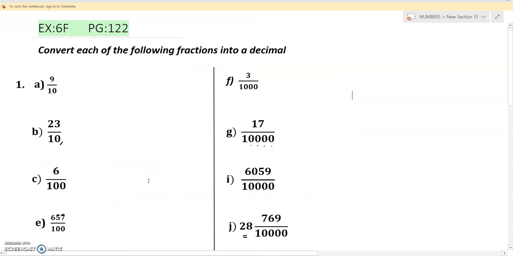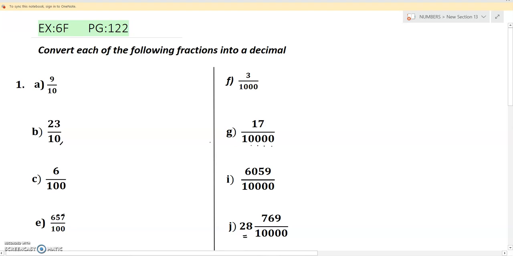Convert each of the following fractions into a decimal. In this conversion we have two types. The first type is where the denominators will be 10 or a power of 10. Here you can check all the denominators having zeros, that is 10 or the powers of 10.